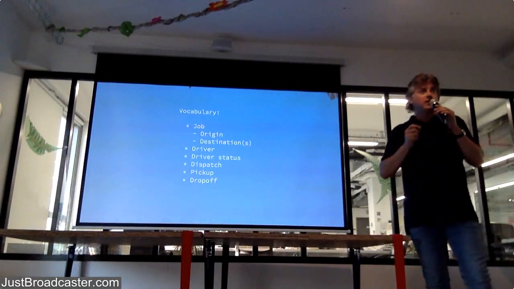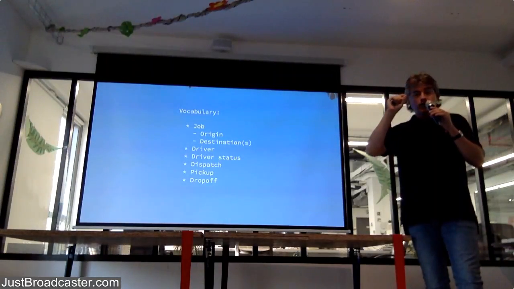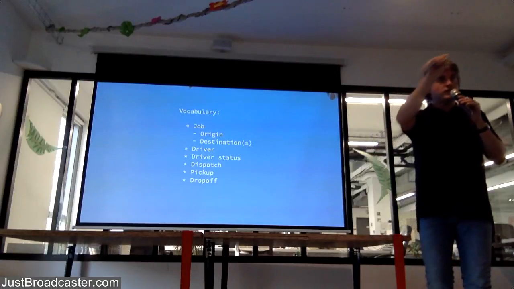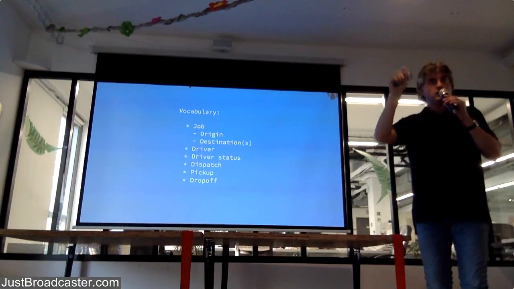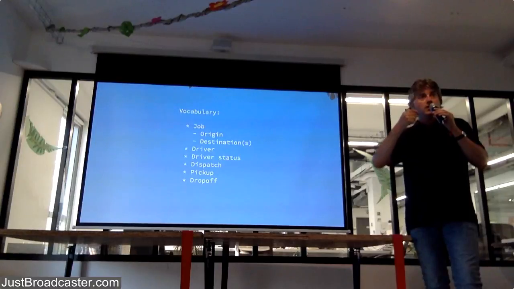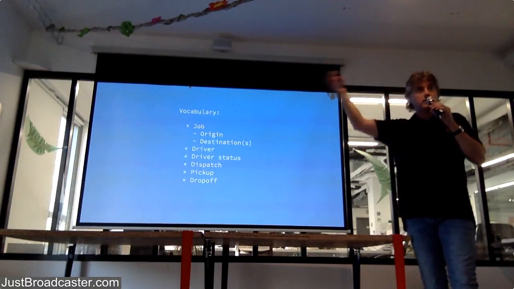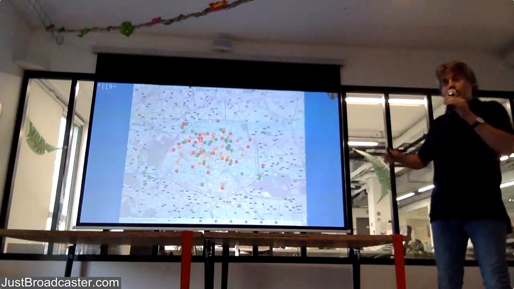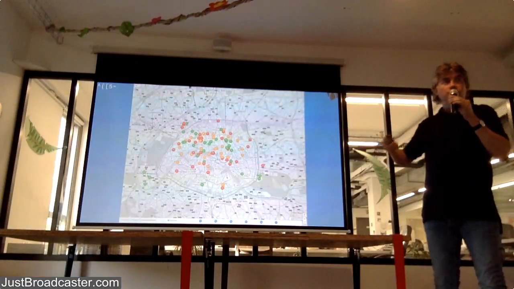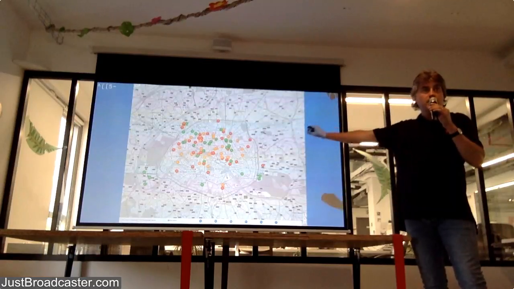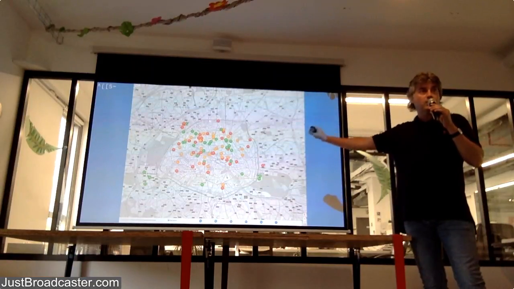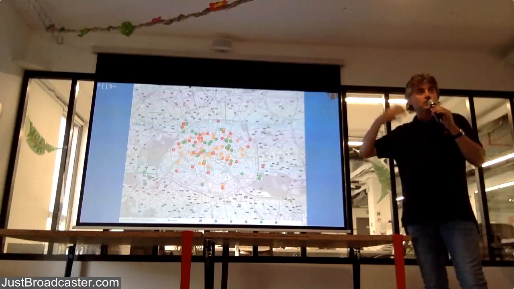Dispatch is jargon for the selection of a driver for a particular job. So you get a job, please deliver this thing, you have to pick up at this point and then deliver at this point, and you have a number of drivers right here. So dispatching means selecting the best fit for that particular job, depending on some heuristics.